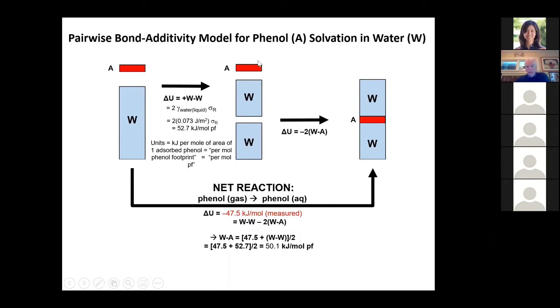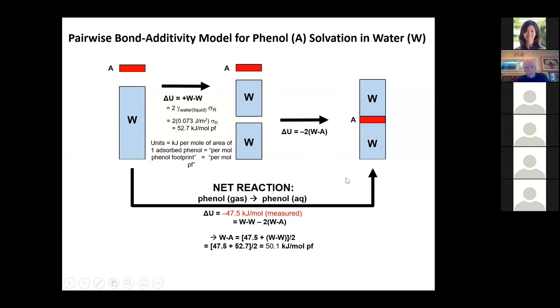And then we stick the phenol into there. And when we do that, we make a bond between the phenol and water here. And we make a bond between the phenol and the water here. And I'm going to call that bond energy the water-phenol bond energy. And this is downhill by 2 of those bond energies. So that's the kind of thinking that goes into this.